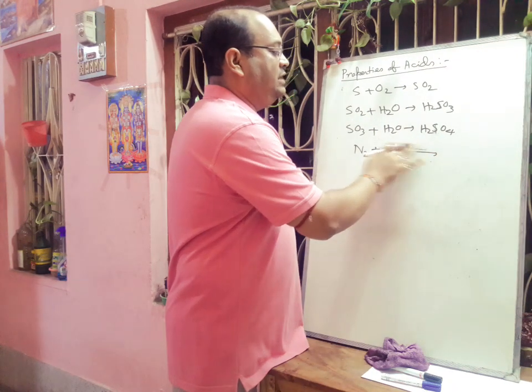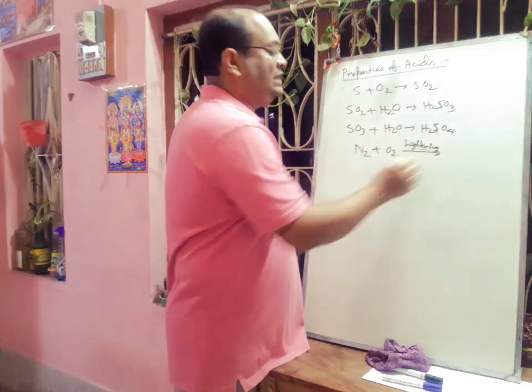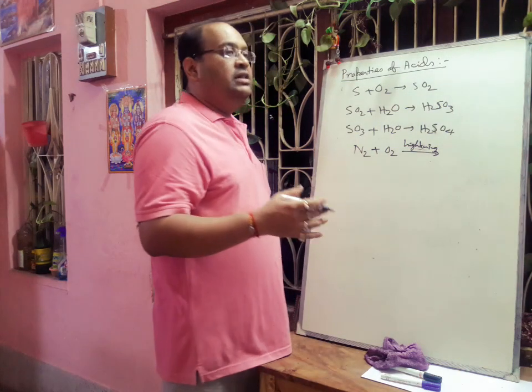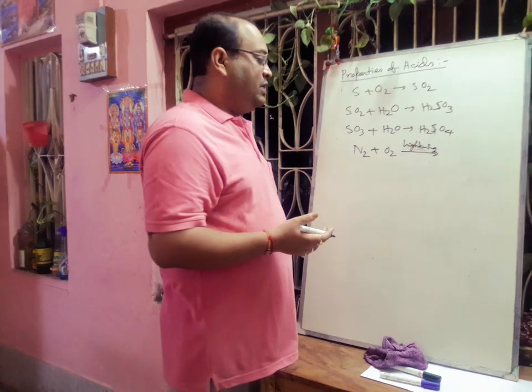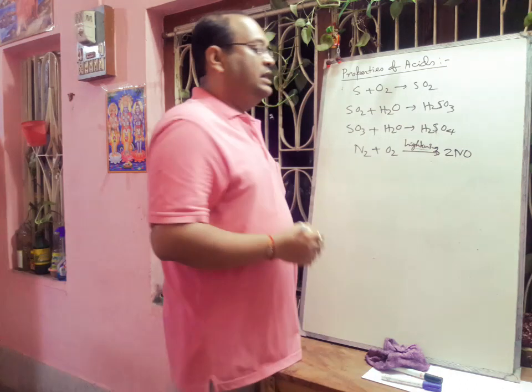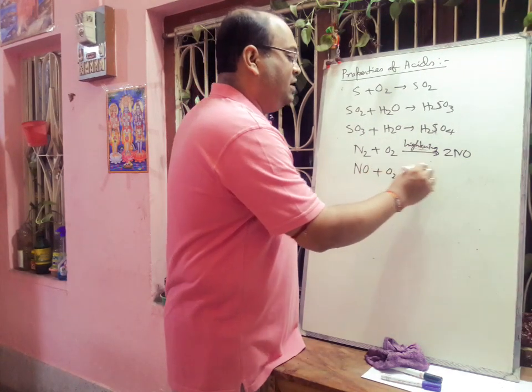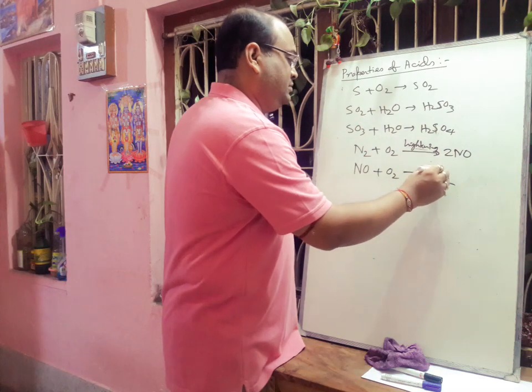or lightning or at higher temperature. In industry they are using higher temperature, at that time there will be formation of nitric oxide. That nitric oxide will react with the oxygen present in air forming nitrogen dioxide.